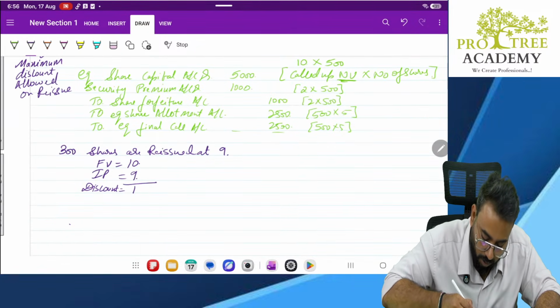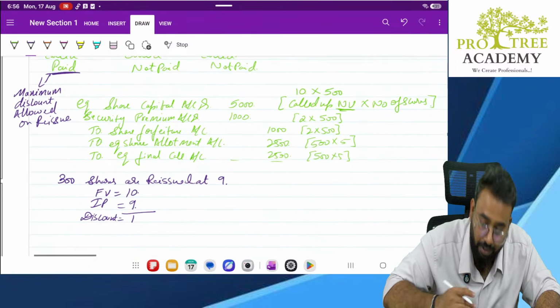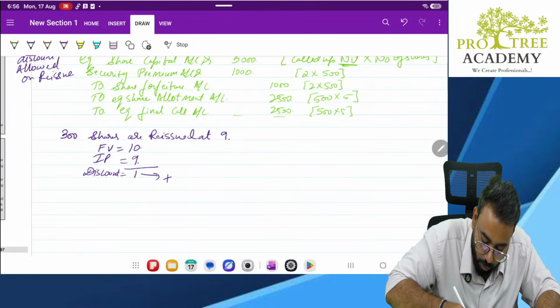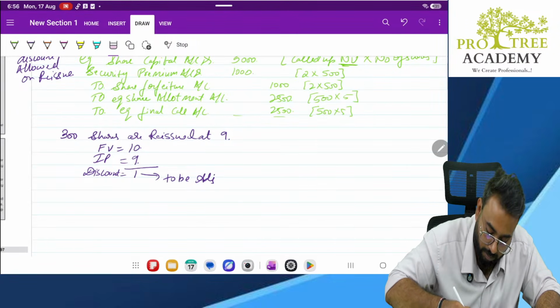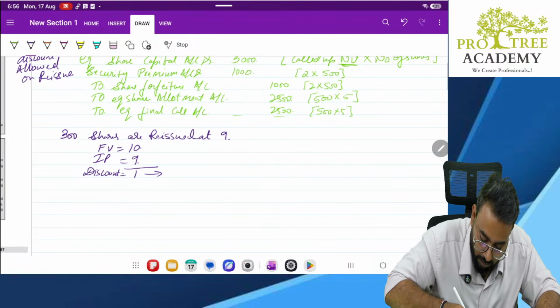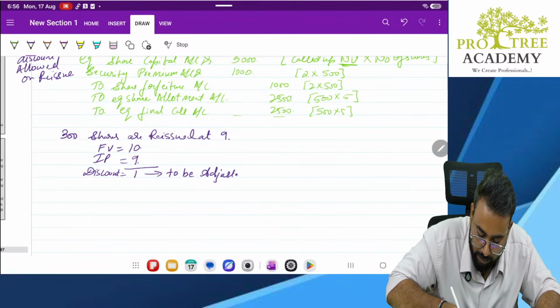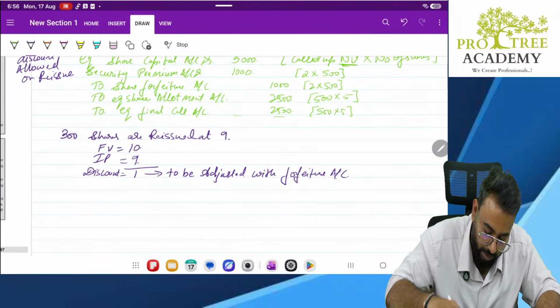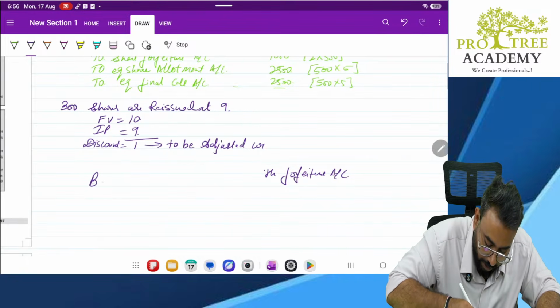So what is the maximum amount? 2 rupees. Are we within the range? Yes, we are within the range. But this discount has to be adjusted with the forfeiture account. Correct? What is the entry when you reissue the shares?